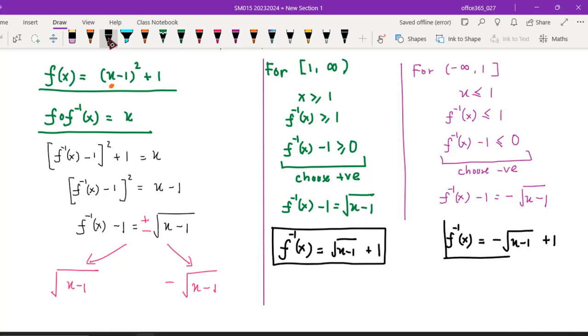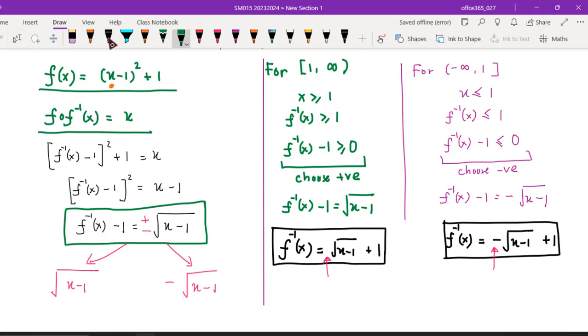The different part is whether we choose positive or negative, but the way of finding the inverse is the same. When we find the inverse, we have two possible outcomes, and we choose based on the restricted domain.